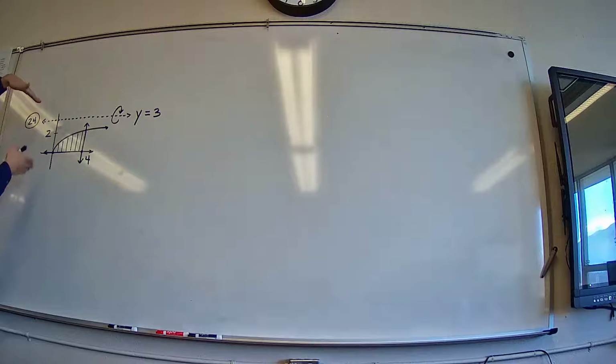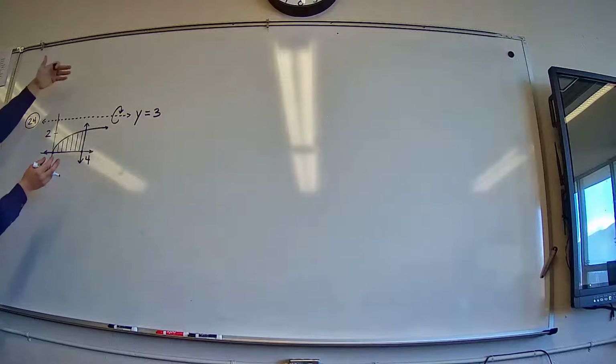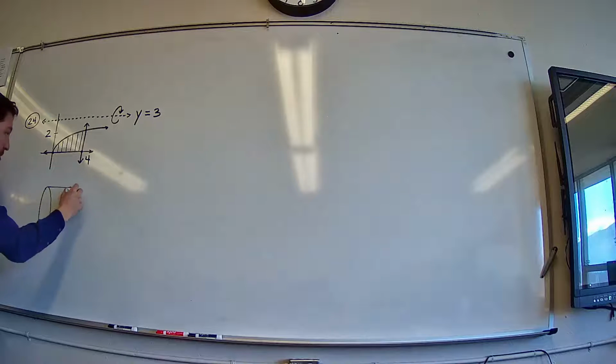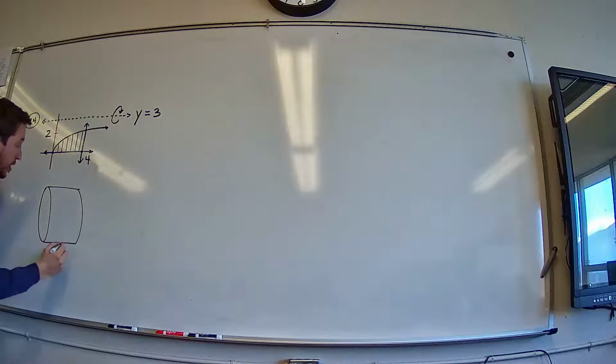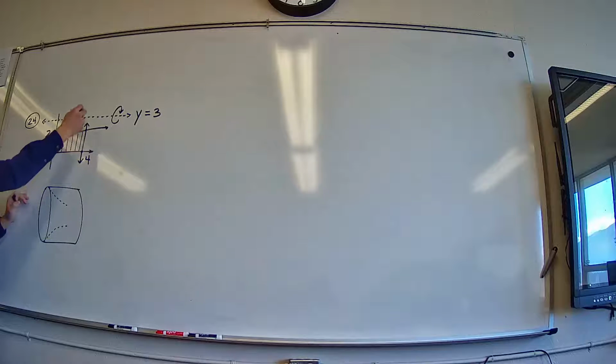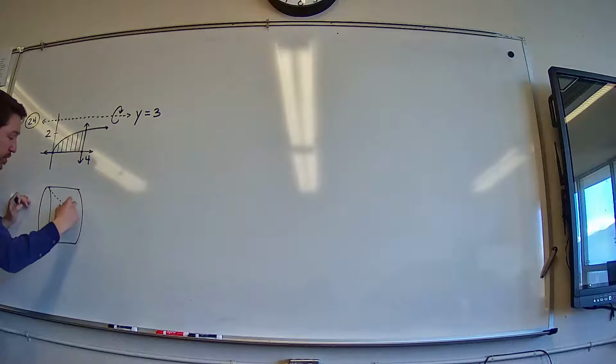What is the outer surface of this shape? It's a cylinder. So if I draw it in the same orientation, it's going to be cylindrical and exterior. And then at the bottom, there's going to be a circle inside there.